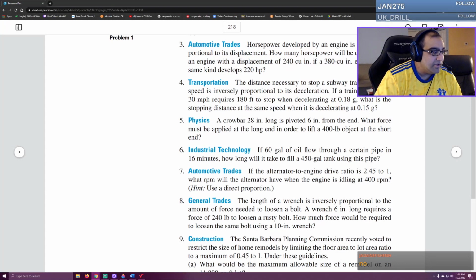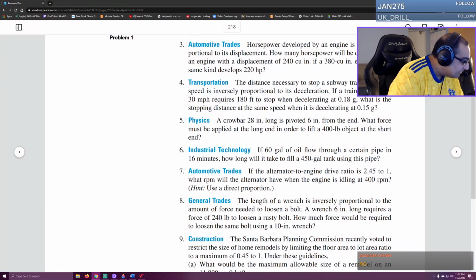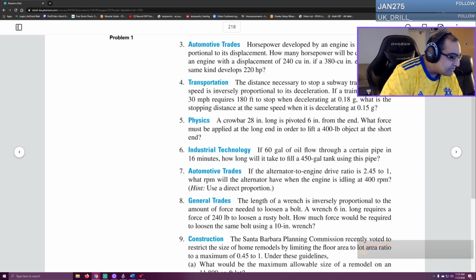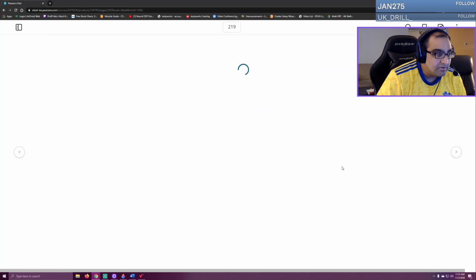Okay, let's look at which one I want to do here specifically. Okay, let's look at 13. So that's on the next page. Let's do that.